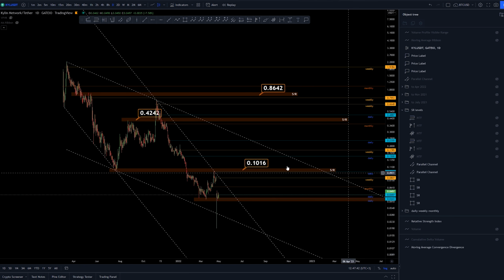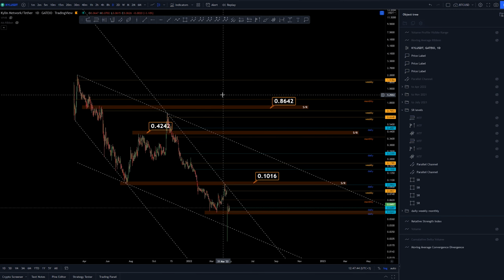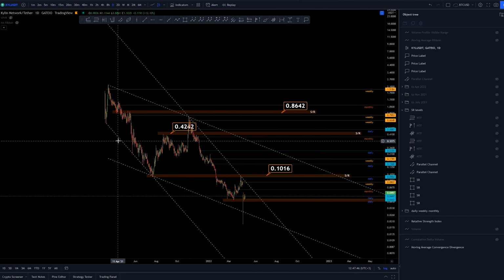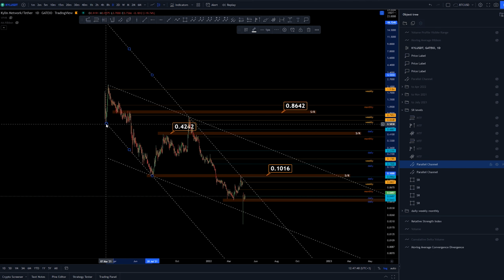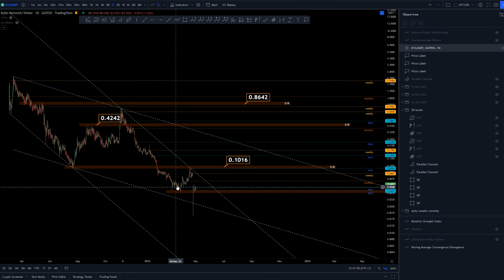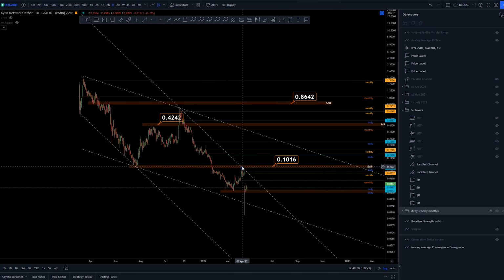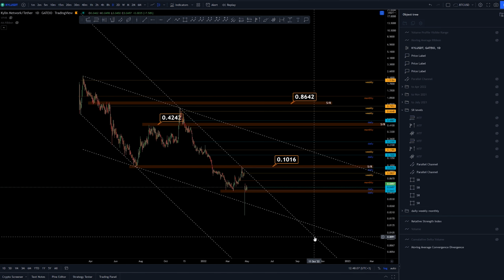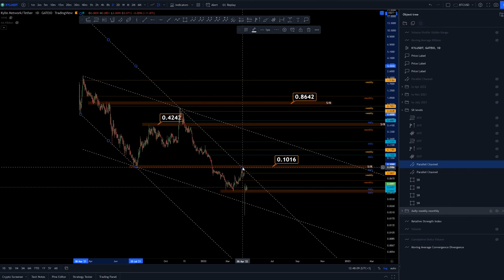Other channel we have is this more significant one that is actually drawn from the lows here of March 2021 to the lows of July 2021 and brought up to the November 2021 highs. We can see a huge resistance area here where we had this previous resistance with this parallel channel hitting that area as well.